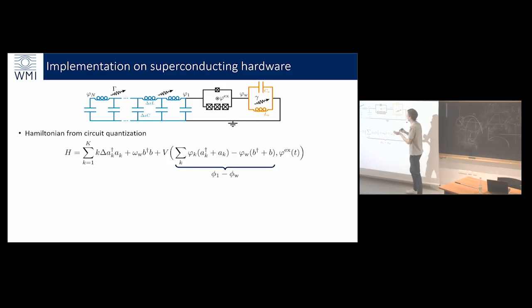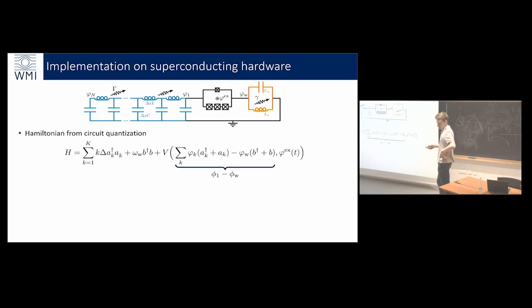So if you think about the Cooper pairs, which can go around the circle, they will pick up a phase if you apply a magnetic field, which goes through the loop. And this potential acts on the phase difference between the waste mode and the waveguide. And this local phase couples all the K modes, basically. So this sum over K modes is equal to phi 1.